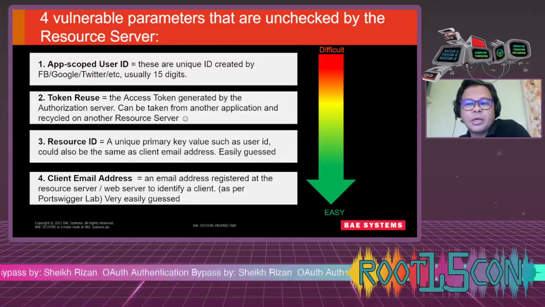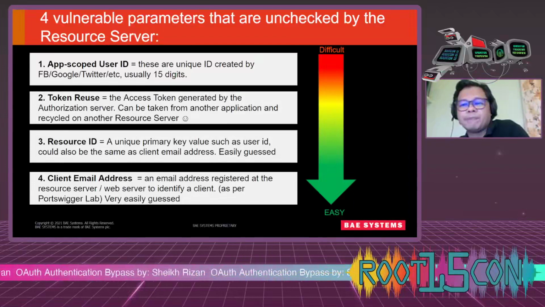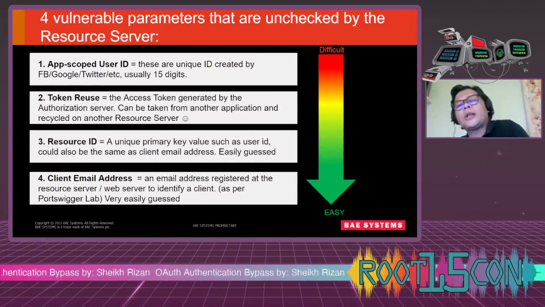It can be an email, it can just be a random value like user 123 or user Rizan or whatever. This is easily guessed. I'll show you some examples where the resource ID happened to be an email address, which is publicly known.